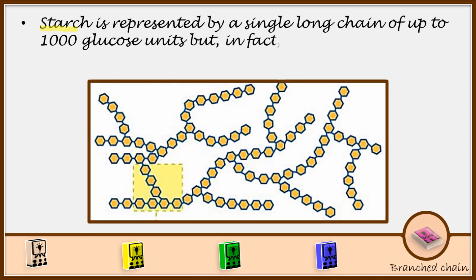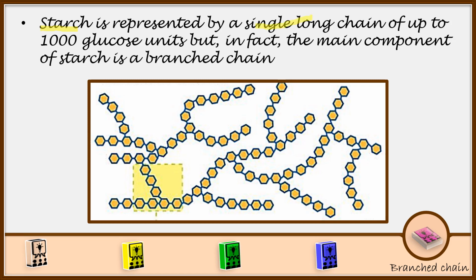Starch is represented by a single long chain of up to 1,000 glucose units. But in fact, the main component of starch is a branched chain. So when you look here, you will see that this is our starch, and it has branched chains.